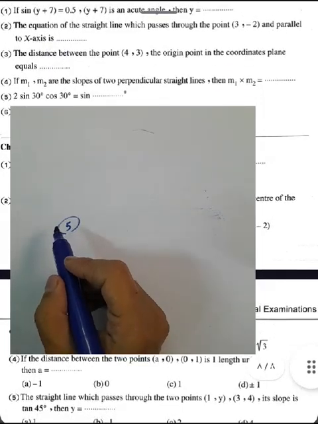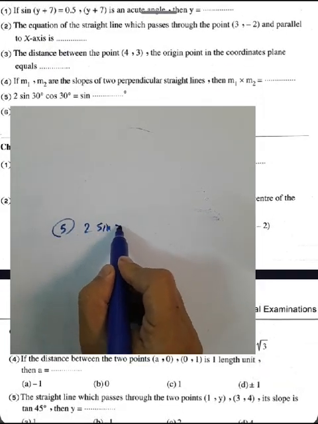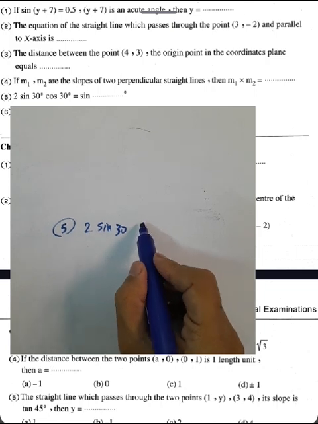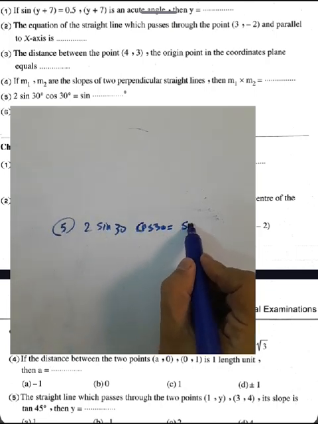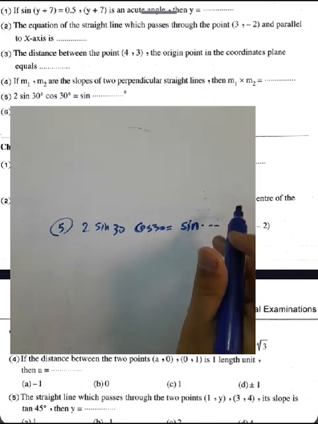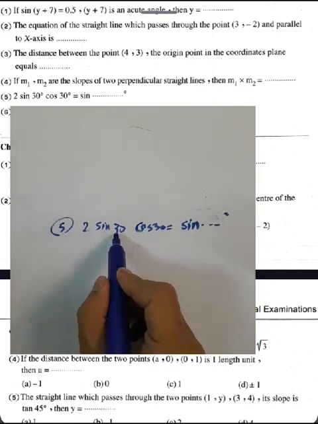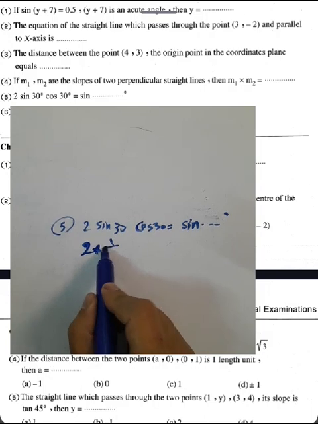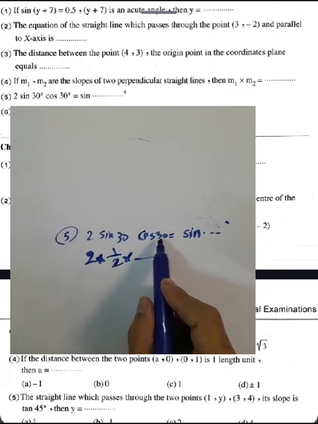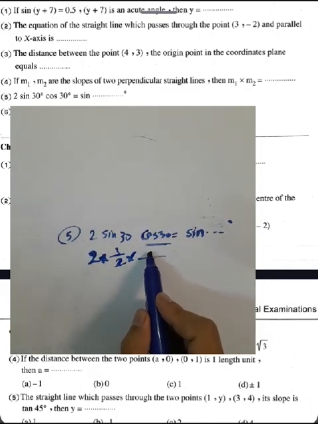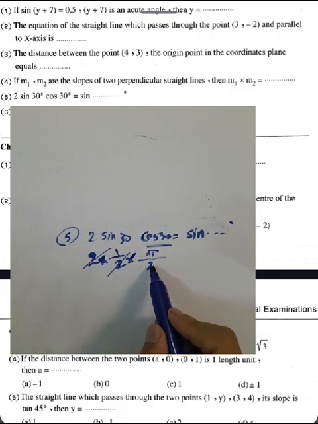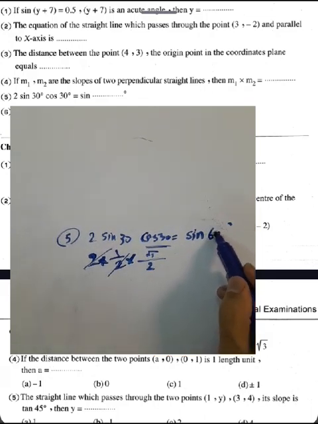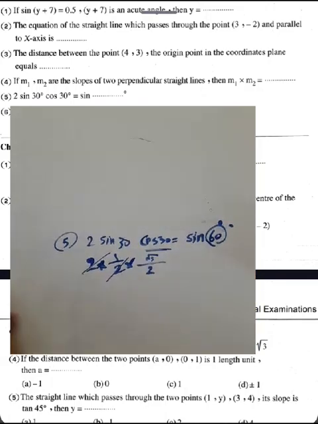If 2 sine 30 cosine 30 equals sine space, we want to find the angle here. 2 times sine 30, which is half, times cosine 30. Cosine 30 equals root 3 over 2. Cancel them. The result root 3 over 2 will be sine 60. Then we must write here 60.